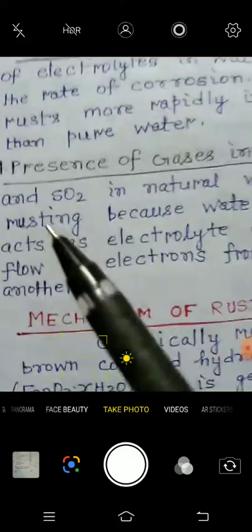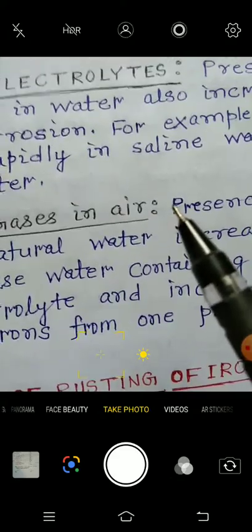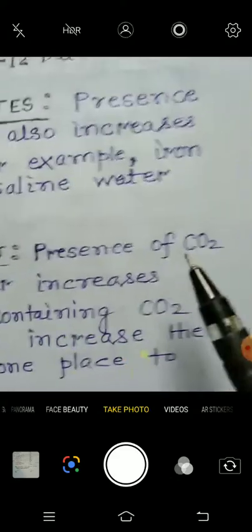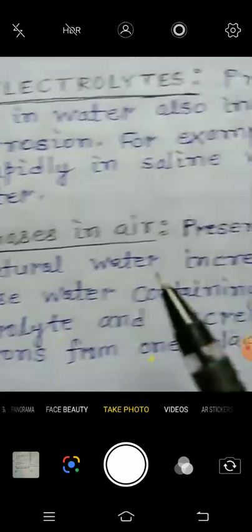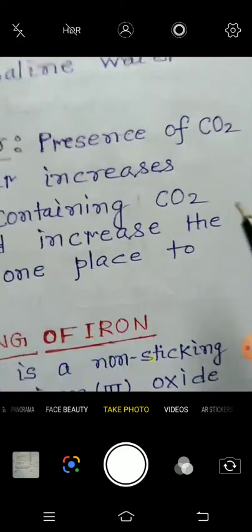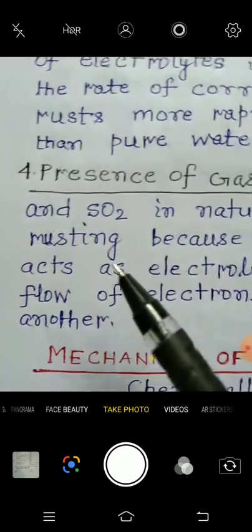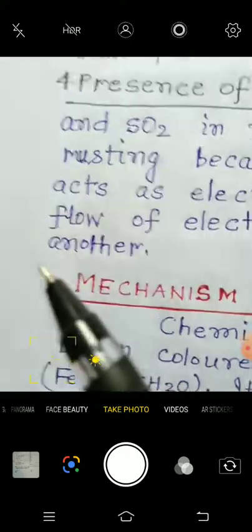Now the fourth is presence of gases in air, which also favors corrosion. Presence of CO2 and SO2 in natural water increases rusting because water containing CO2 acts as an electrolyte and increases the flow of electrons from one place to another.